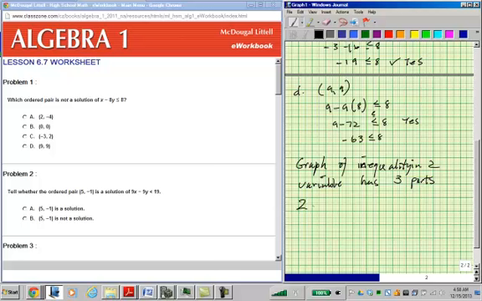There'll be 2 regions and the boundary line, which is the graph itself, if you will.